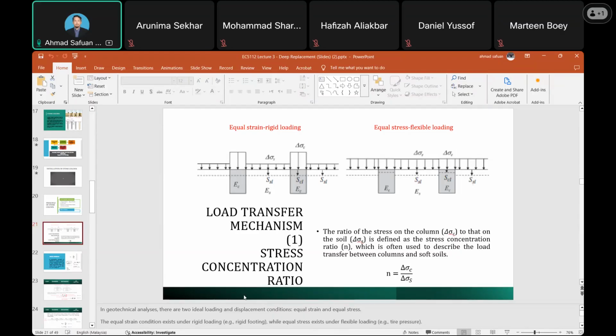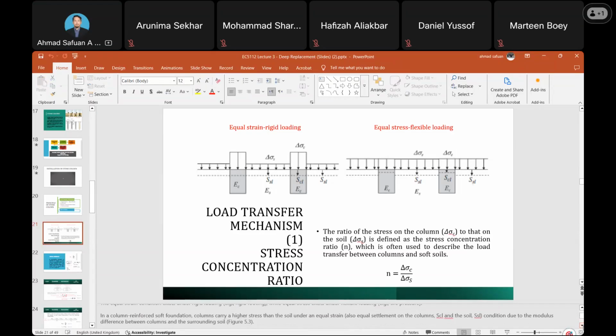To differentiate between flexible and rigid, for example, rigid loading is described as a rigid footing, while flexible loading is described like a tire pressure.